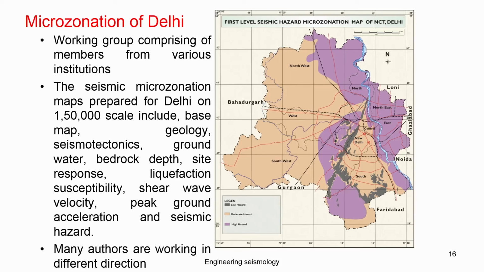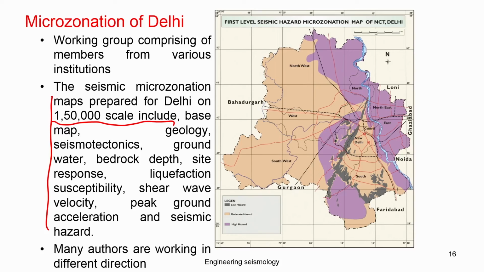As landslide and tsunami are not possible in Delhi, they removed those. They carried out detailed mapping and prepared a seismic microzonation map at 1:50,000 scale. You can browse this report where they accounted for all the possible hazards: bedrock depth, liquefaction, shear wave velocity, amplification.